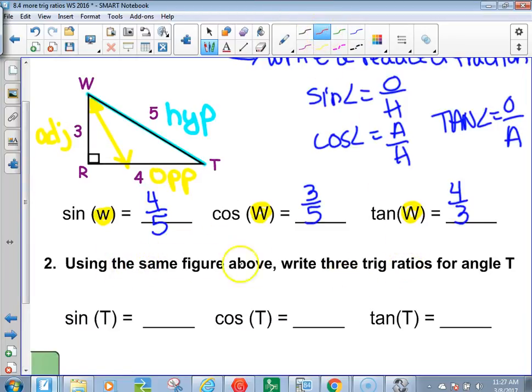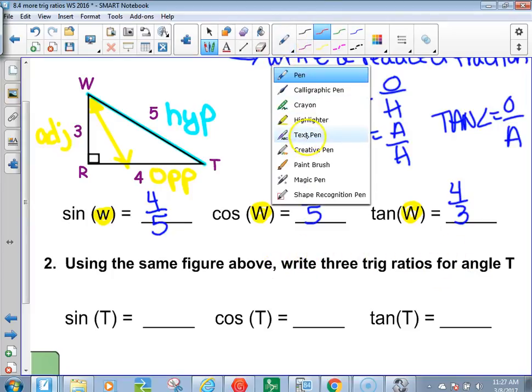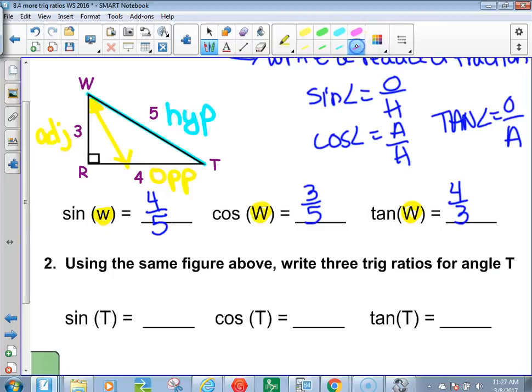Using the same figure above, write 3 trig ratios for angle T. And now we're coming from angle T. If you're coming from angle T, this is now, the 3 would be your opposite leg. The 4 would be the adjacent, and the hypotenuse stays the same.